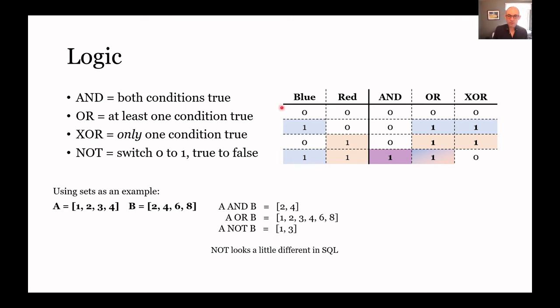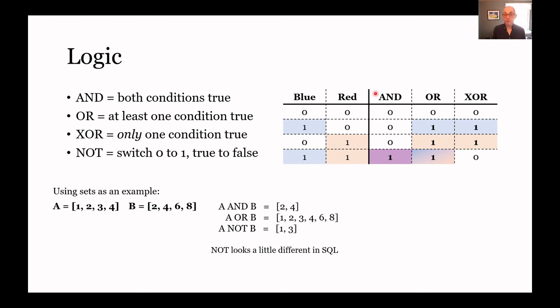So in this first situation, whatever we're investigating has no blueness and no redness. The child has neither a blue balloon nor a red balloon, or the car park has no blue cars or red cars, or whatever the situation is. It's 0, 0. In the AND column, we ask, are both conditions true? Do we have a blue balloon and a red balloon?